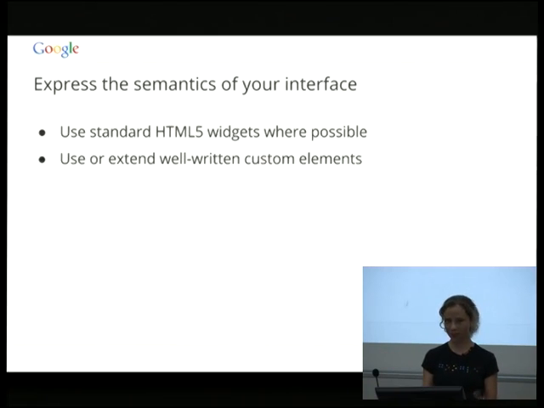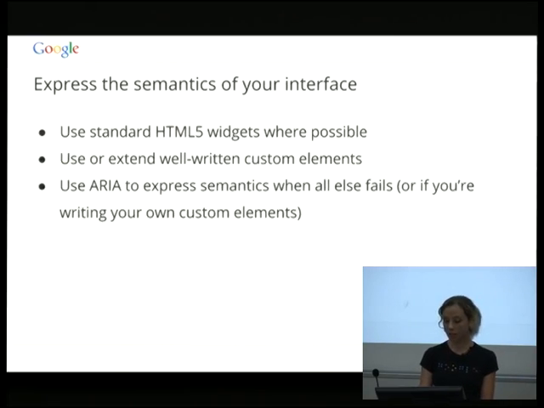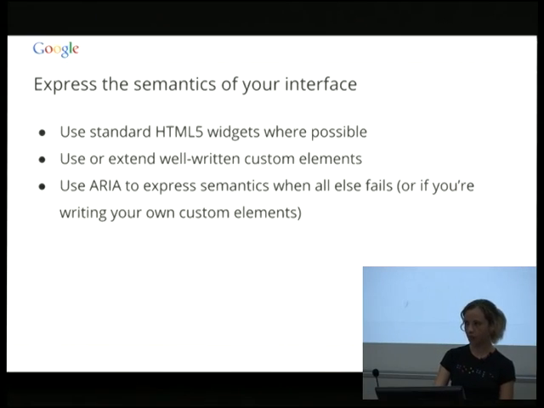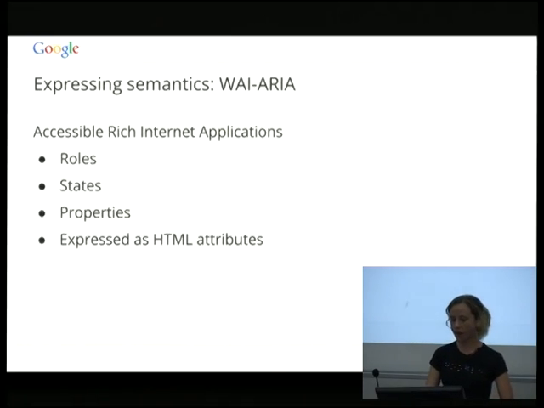So again, looking kind of familiar, using standard widgets or well-written custom elements wherever possible. If not, you're going to need to learn to use ARIA to express the semantics of your custom elements. So ARIA stands for Accessible Rich Internet Applications. It's a suite of roles, states, and properties that are expressed as HTML attributes.